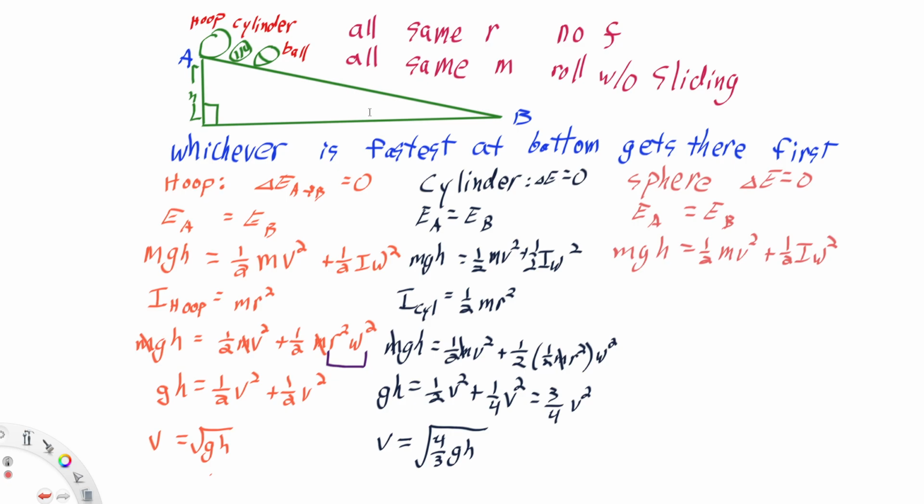And again, Yusuf was enterprising enough to look up the moment of inertia for a solid ball already. Yeah, we're solving for linear velocity because we figure whichever shape has the highest linear velocity when it reaches the bottom, it must have reached the bottom first.